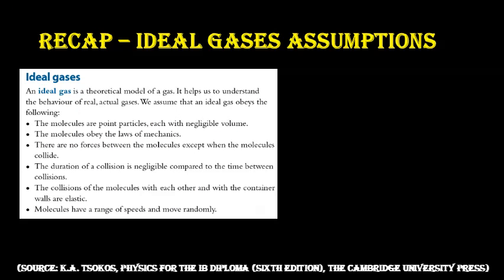Here are the 6 assumptions that we made for ideal gases, and of course not all real gases will be very similar to these assumptions. And you may wonder, why would we need that many assumptions in the ideal gases?